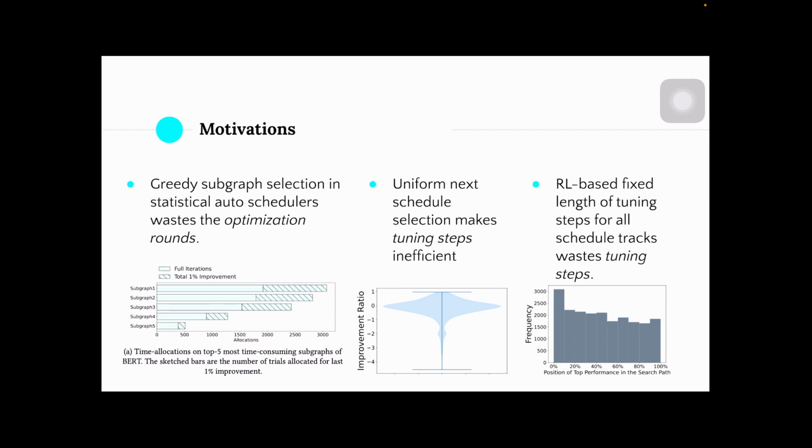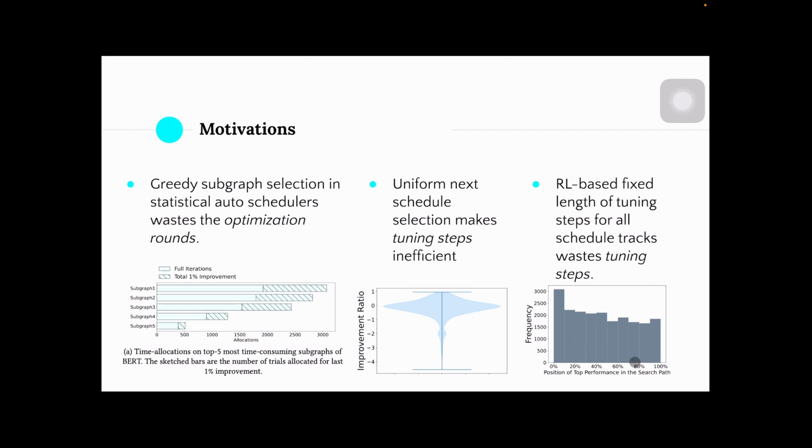For the reinforcement learning-based autoschedulers, they have the problem of fixed-length tuning steps for all the schedule tracks. We record the position of the best performing schedules along each schedule track. And if it is in the middle of the schedule track, it is allocated in these buckets.